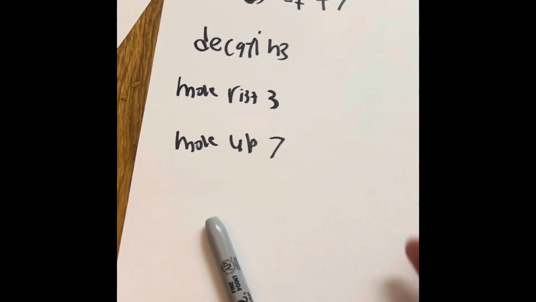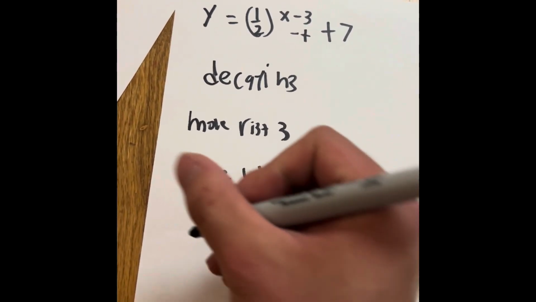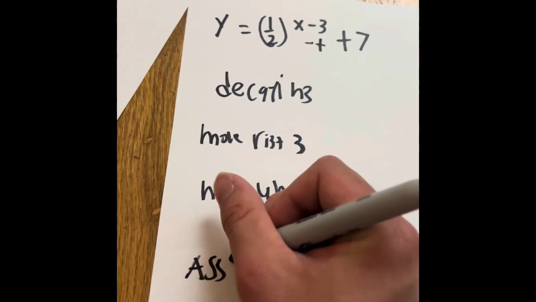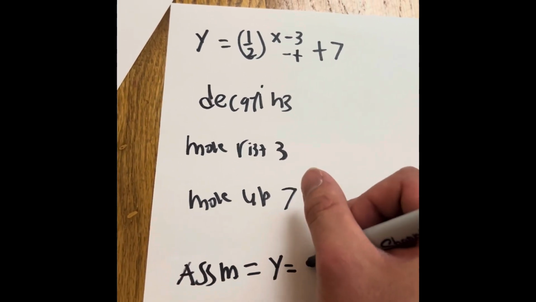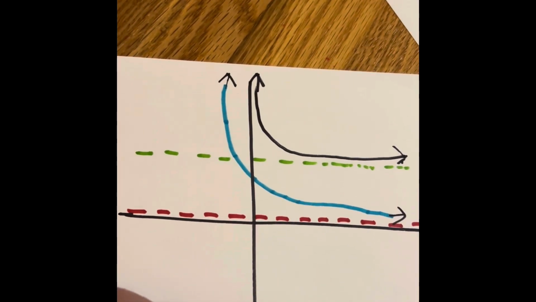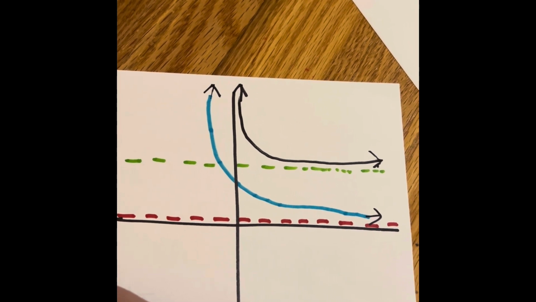So right here, we can say that the asymptote is going to equal y equals 7, because the asymptote is always going to be a straight line.